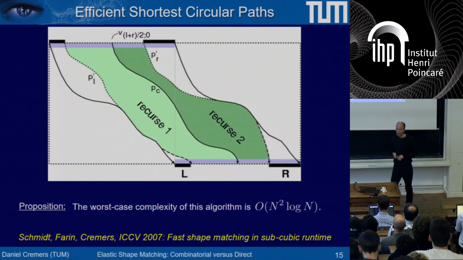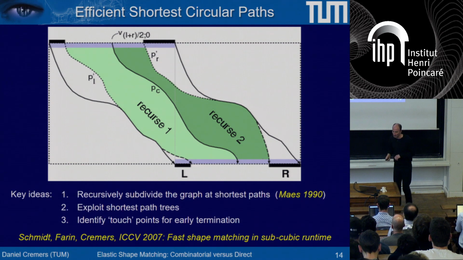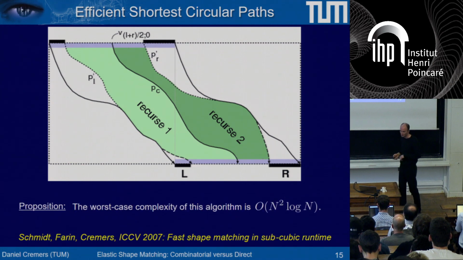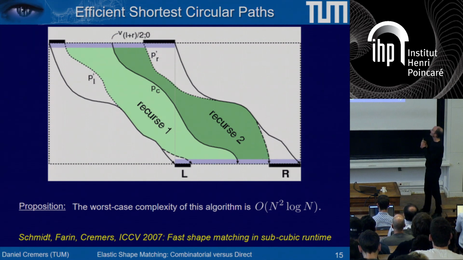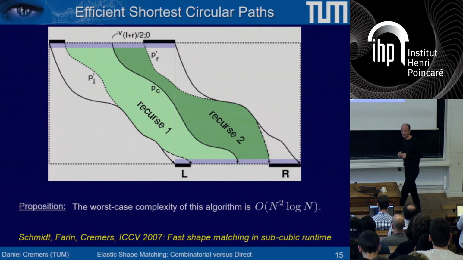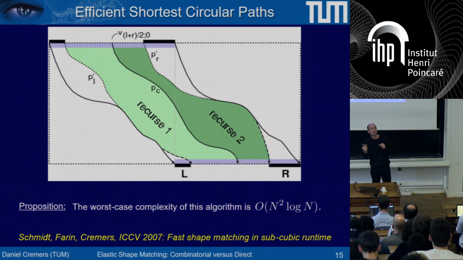I won't go too much into detail, but one of the things we found is that we can actually compute the worst case complexity of this algorithm. If n is the number of nodes on one planar shape, then we have a complexity of n squared log n to compute this, whereas if you try each initial point, you would have n cubed as a runtime.